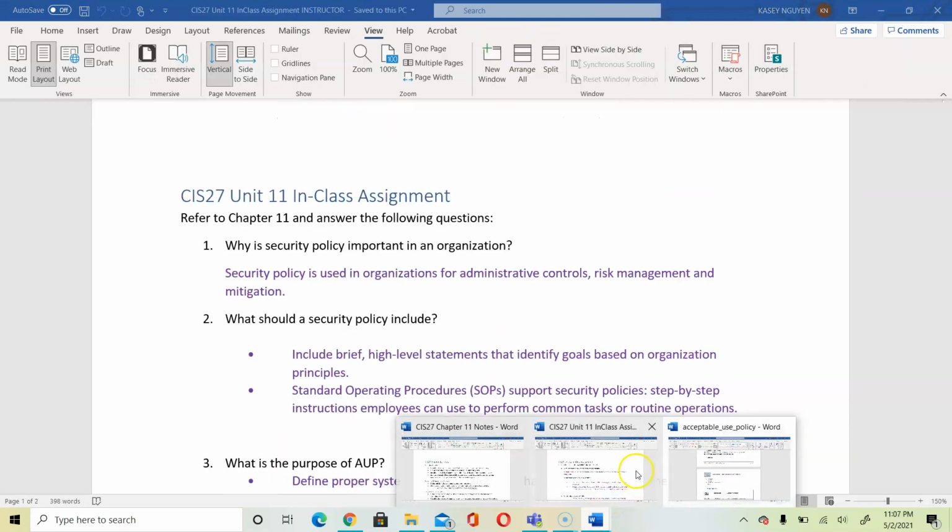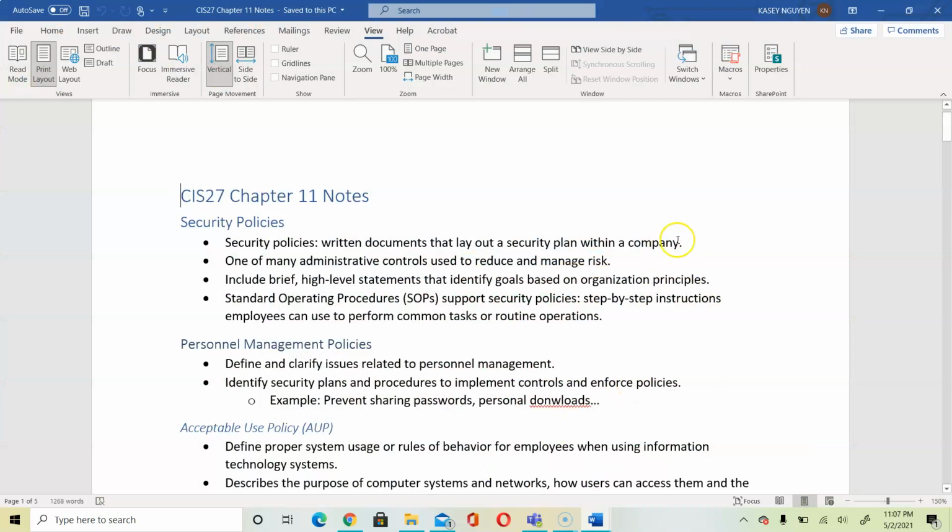Now, in our notes, it talks about security policy, and this is a big area for the administrative control. It's allowing us to be able to reduce and manage our risk. And along with other things like developing a security plan, we want to make sure that security policy is in place.